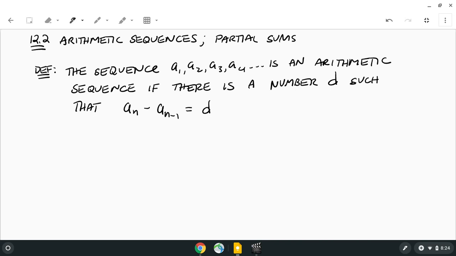Pick any number in the sequence, subtract the one before it, you'll get some number d, like maybe 4. Pick another and subtract the one before it, you'll get 4. Subtract another one, you'll get 4. That's an arithmetic sequence, where d is the common difference.